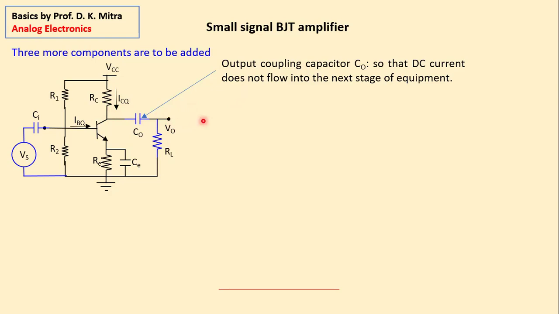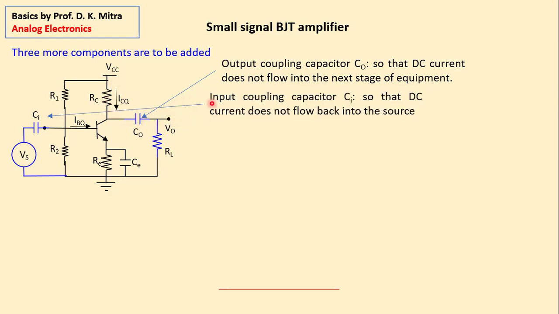And what is a load? Load actually is the next stage of equipment. Your amplifier must be used by somebody for their electronic equipment, but you cannot send DC current into that equipment because its input and output are designed for signal. So this capacitor will block the DC current going into the load.